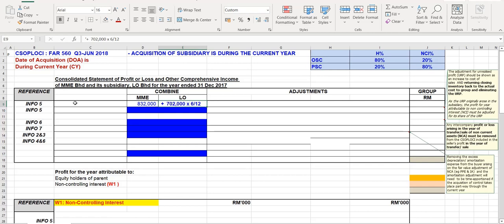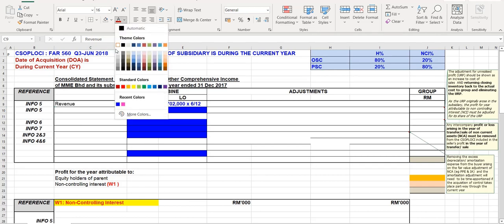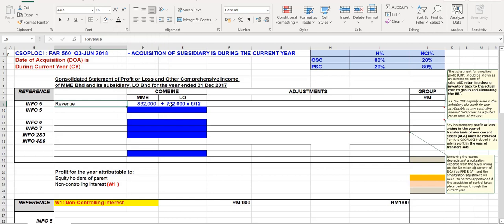So the sales, for example, will have to be reflected. Revenue would be the one of the parent plus only 6 month sales of the subsidiary, that was from 1st of July up until 31st of June.